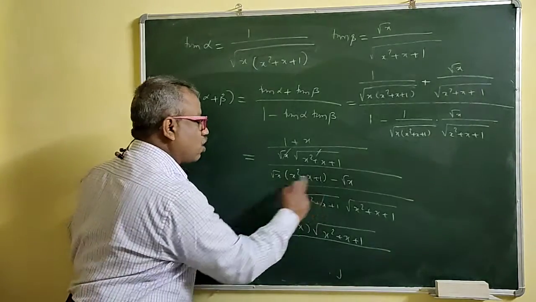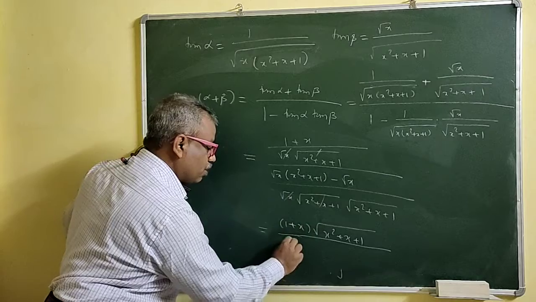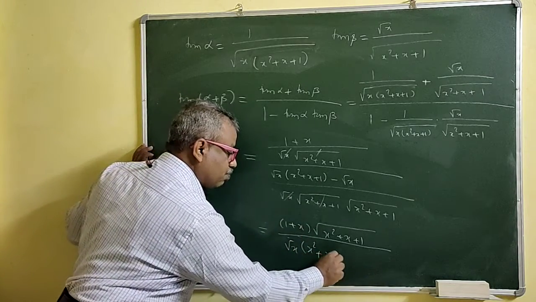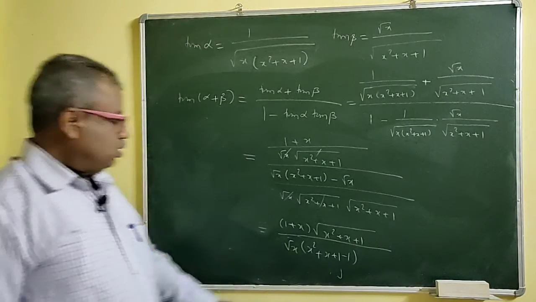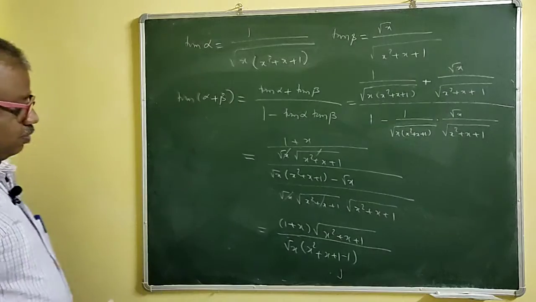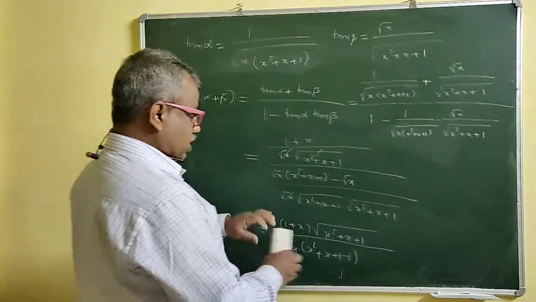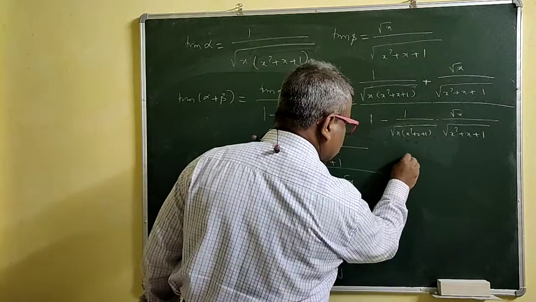So you can take root x common, right? See, in your numerator, root x is common. So what do we get then? x square plus x plus 1 minus 1, right? So we will write here, this is equal to.